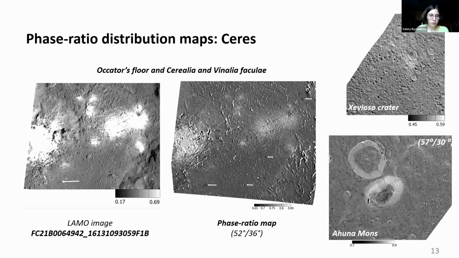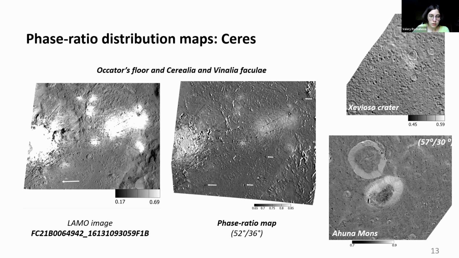As we can see for Ceres, maybe the most prominent feature is areas with a smooth, not rough surface. Such areas have bright, lighter colors on the phase ratio maps, and it points to such areas having smooth optical roughness.